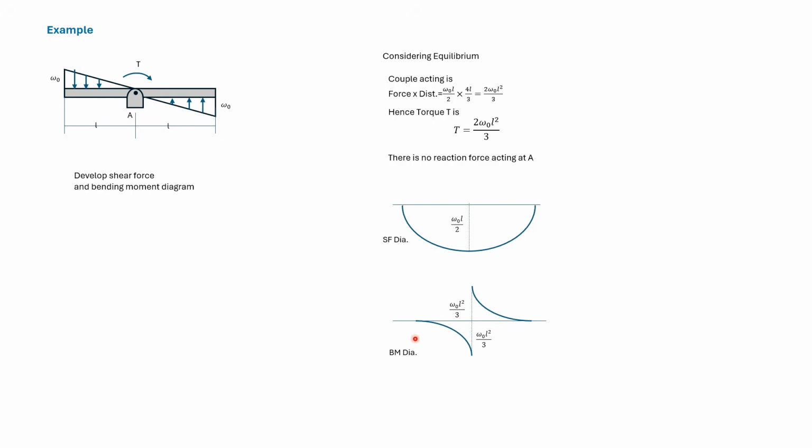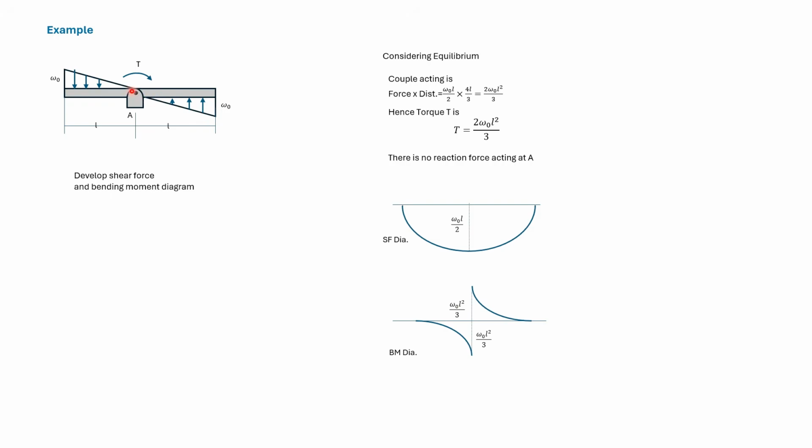So we have drawn the bending moment in the negative region and it's shown as increasing. Since the shear force variation was quadratic, the bending moment variation would be cubic.